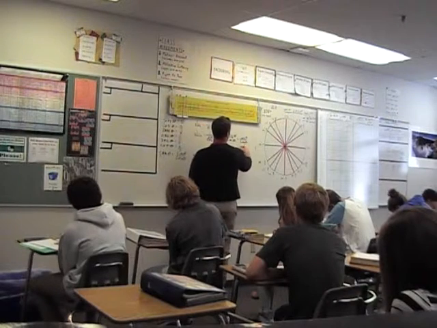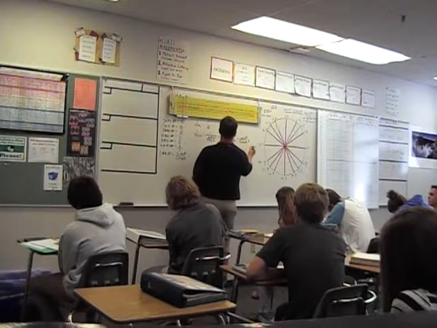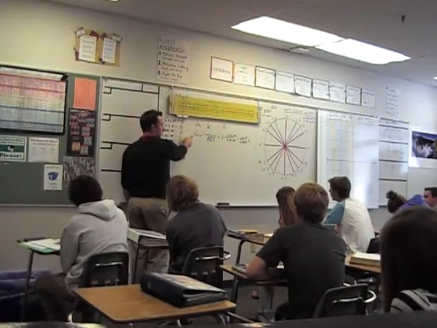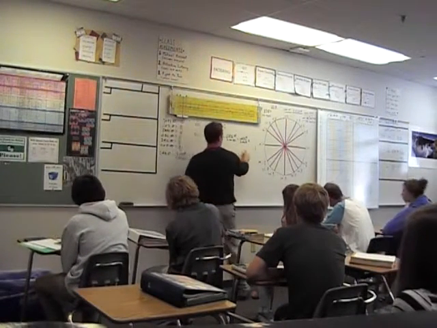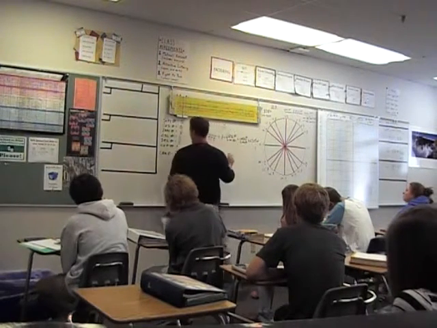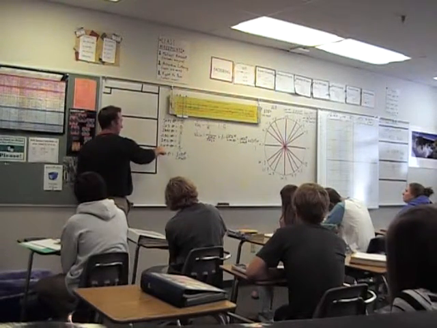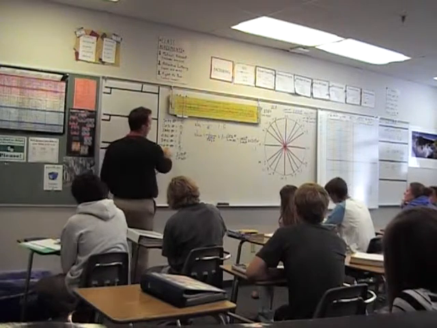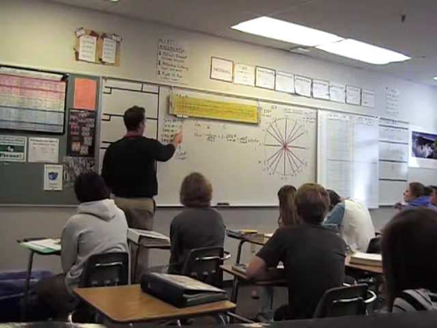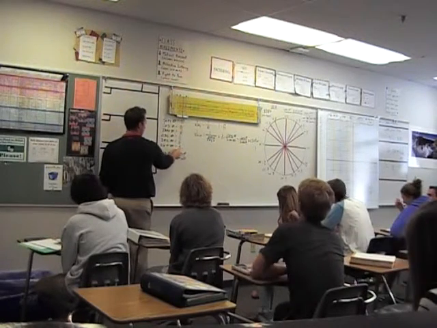But cosine over sine is what's known as 1 over tangent, which is also known as the cotangent, which is just the reciprocal: adjacent over opposite.